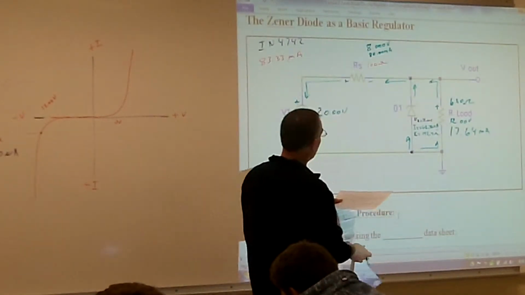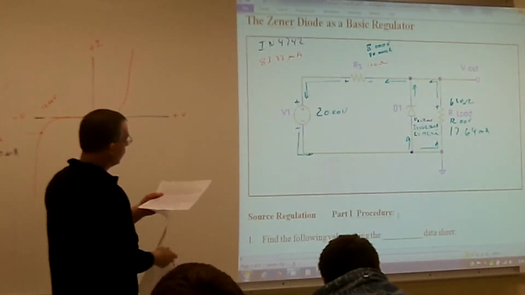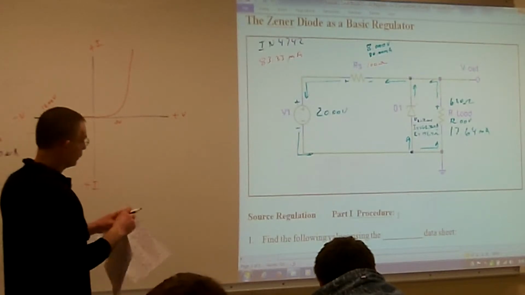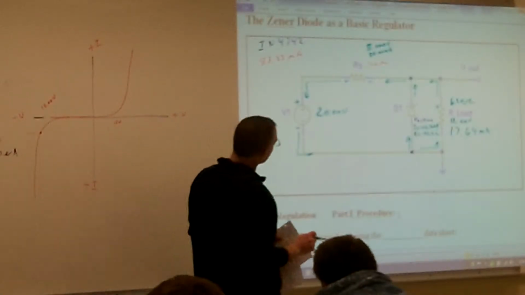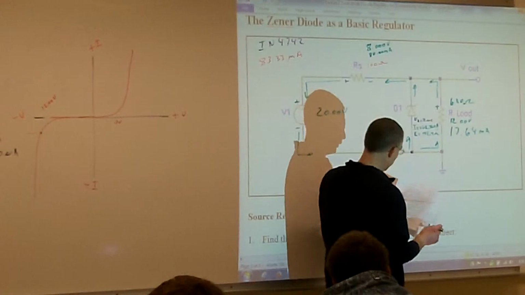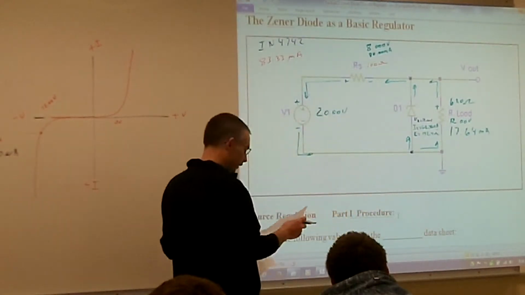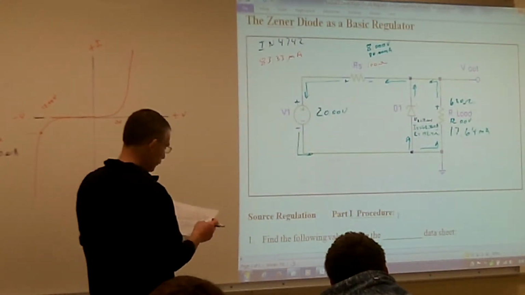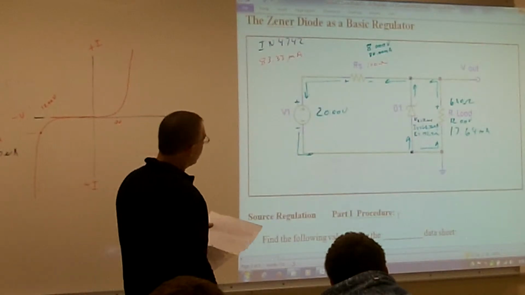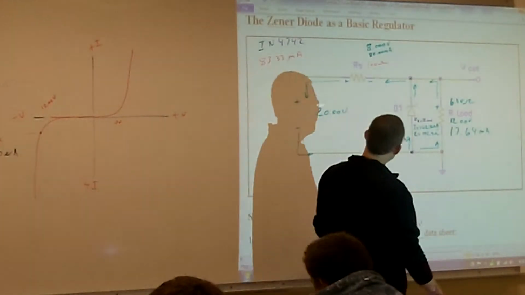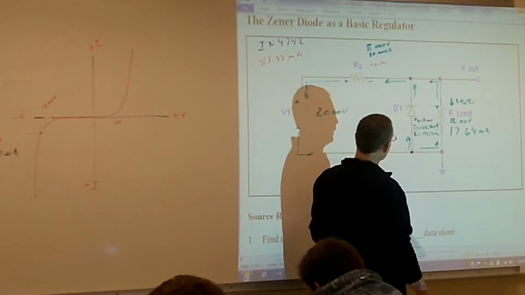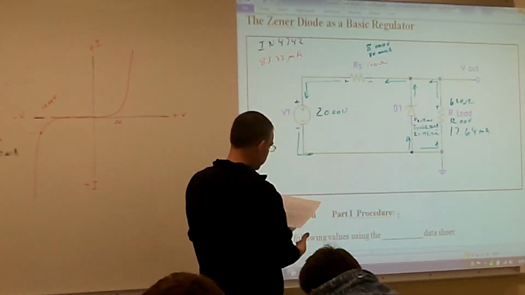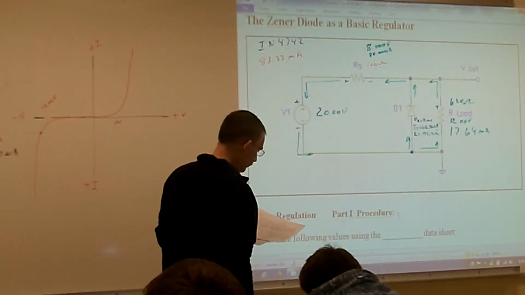That's the resistance of my Zener there. Just take the voltage of your Zener divided by the current of your Zener, and that gives you the resistance of your Zener. Then if I know my voltage and I know my current, what's my power going across my Zener?